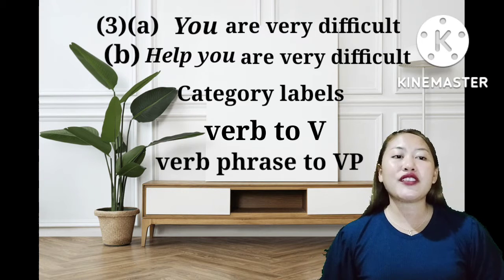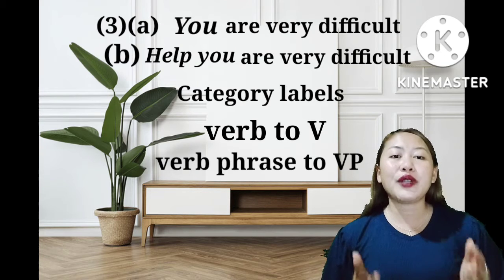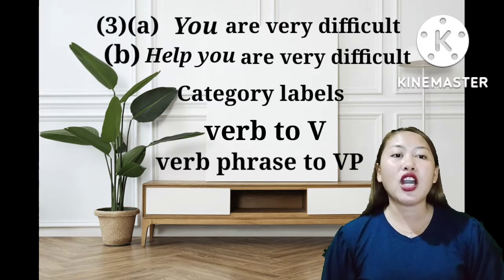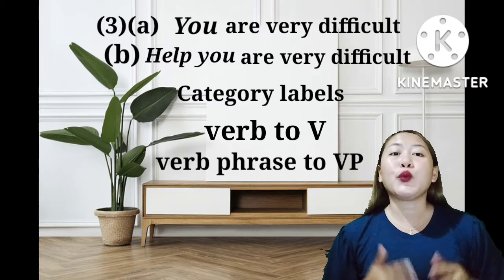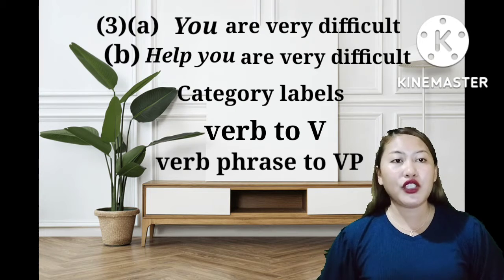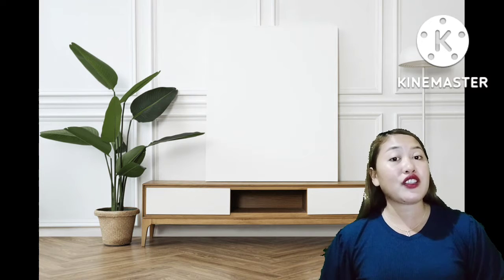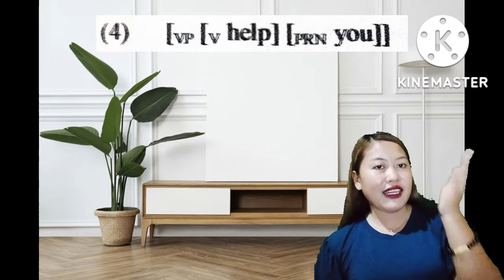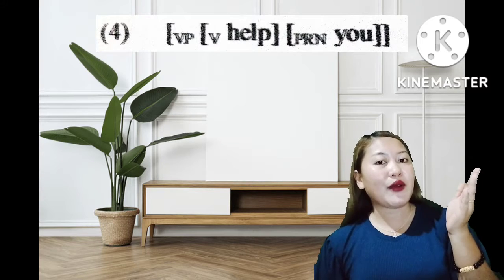We can use the traditional labeled bracketing technique to represent the category of the overall verb phrase help you and of its constituent words, the verb help and the pronoun you. So, we can represent the structure of the resulting phrase as in the labeled bracketing.